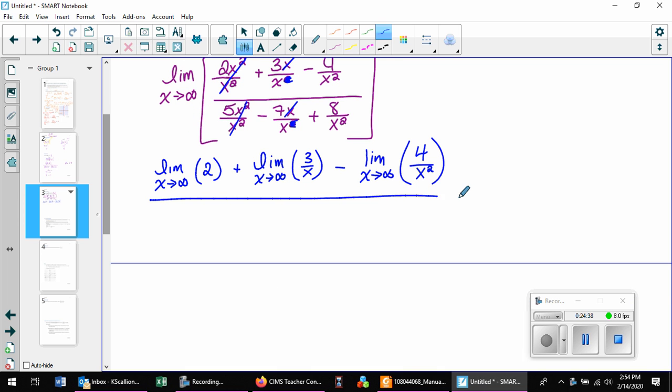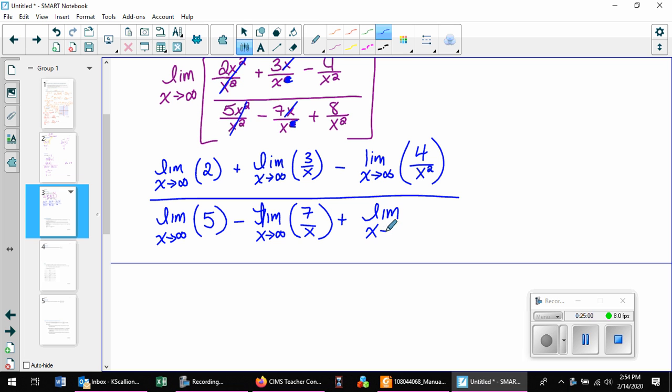That's all over the limit as x approaches infinity of 5 minus the limit as x approaches infinity of 7 over x plus the limit, whew, shoulder work up here, of 8 over x squared.